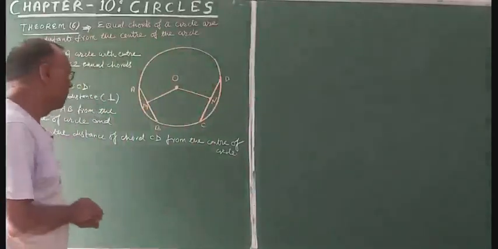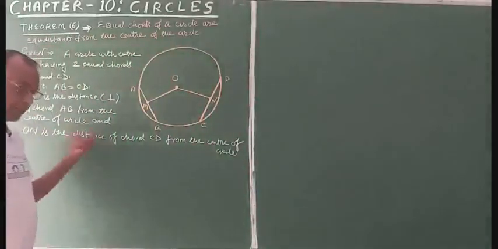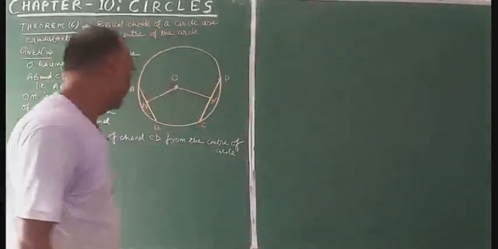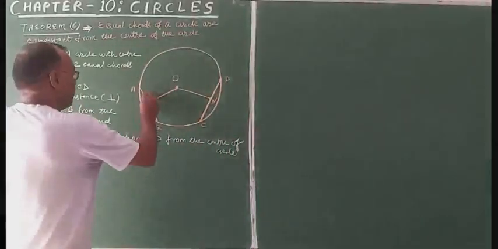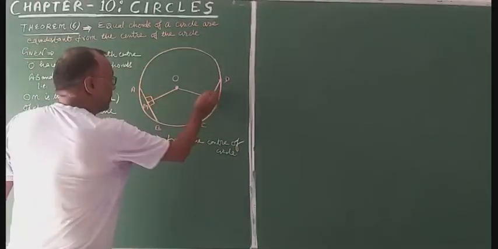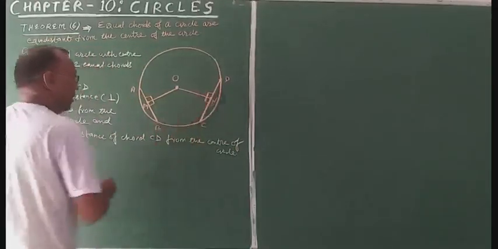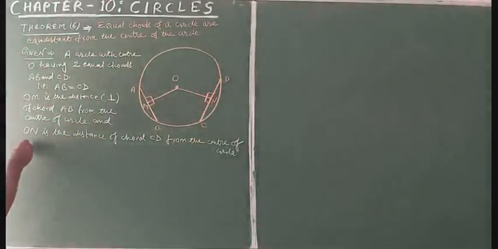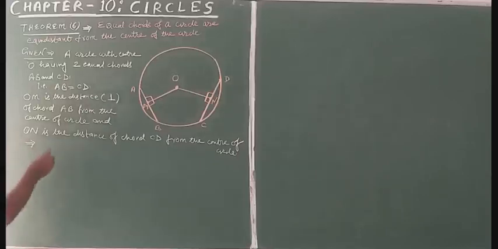Okay. What is the meaning of distance? Distance means that perpendicular distance. It means this is given 90 degree. This is given 90. Is it there? Or you are given what?